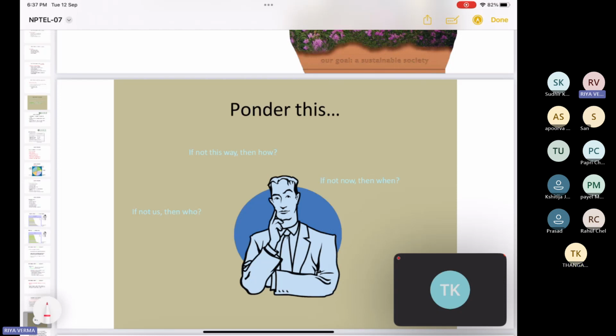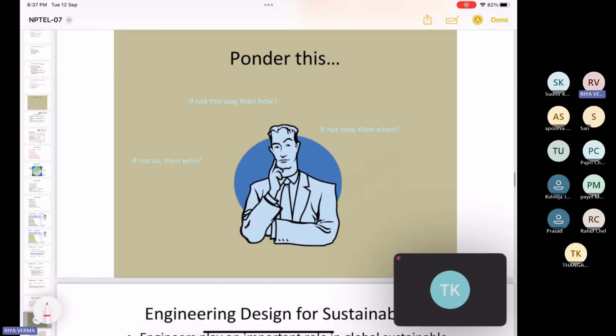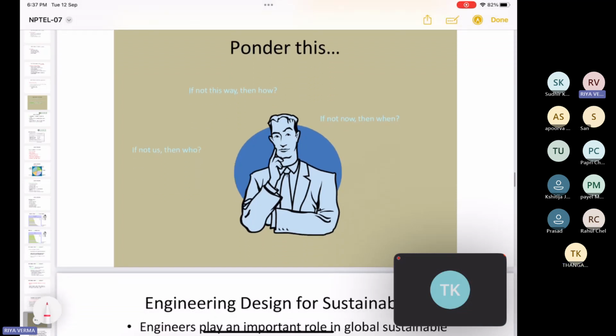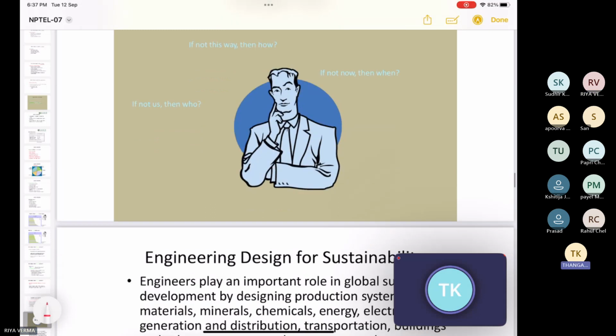Like, if we don't do this, then who is going to do this? And if not now, then when? If this is the high time we need to focus on sustainable development and we are not doing this now, then when are we going to do this? When all the resources will be exhausted?